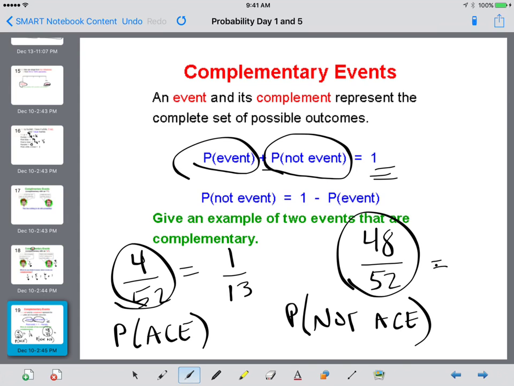And when I do that, we could divide them both by 4 and get 12 over 13. Again, 1 over 13 plus 12 over 13 gives us that 1. So there's an example of an event that is complementary.